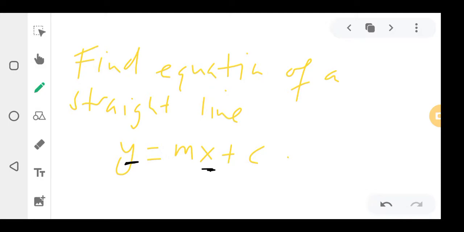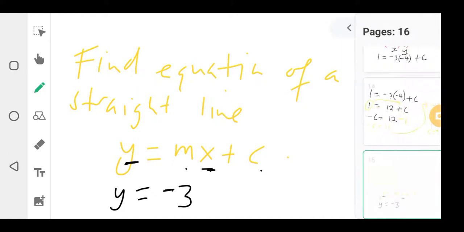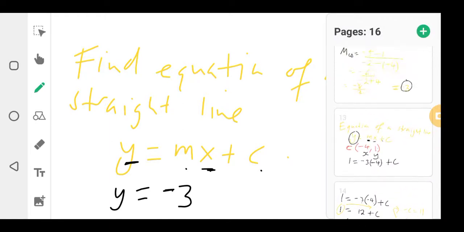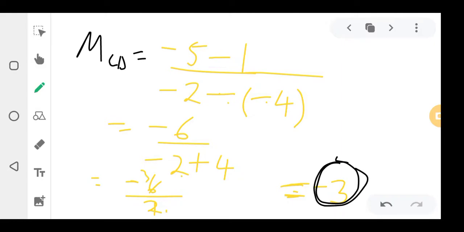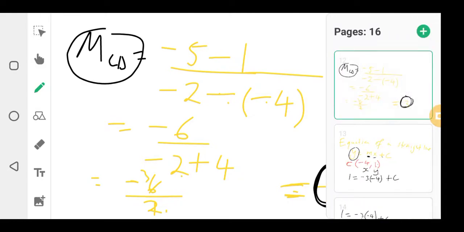These ones remain in the final equation. You only substitute the other letters such as m and c. So y will remain unchanged, is equal to m, the gradient you found, which is negative 3. This m here, as you can see, it's the same one, that's negative 3. So on m you put negative 3.